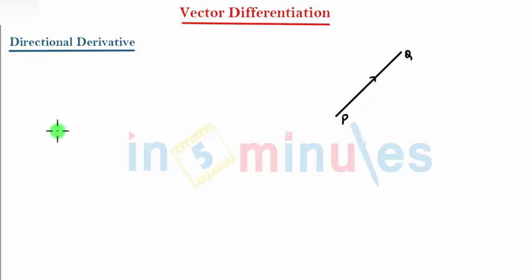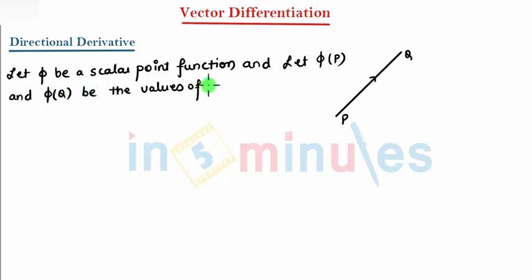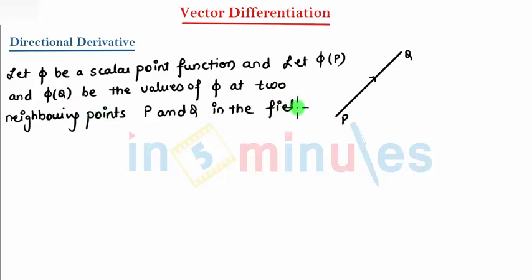Now I say that let phi be a scalar point function, and let phi of p, that means function at p, and phi of q be the values of phi at two neighboring points p and q in the field.